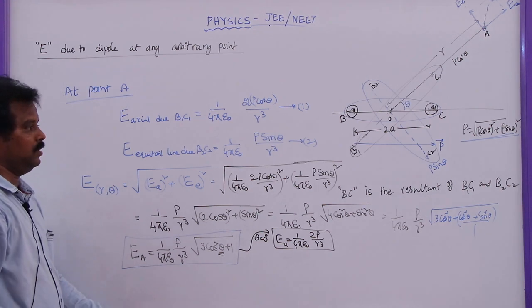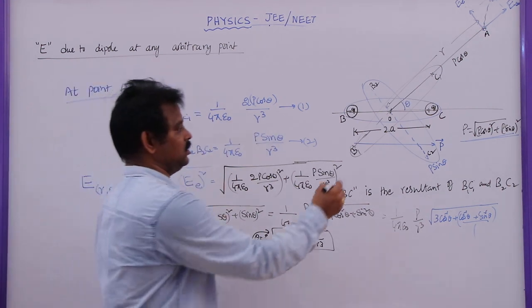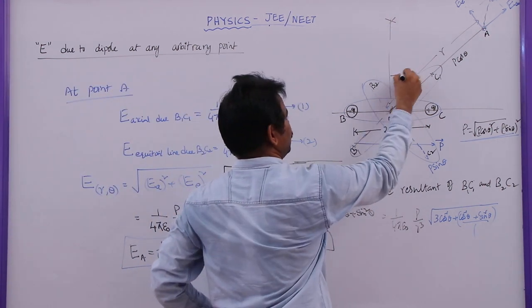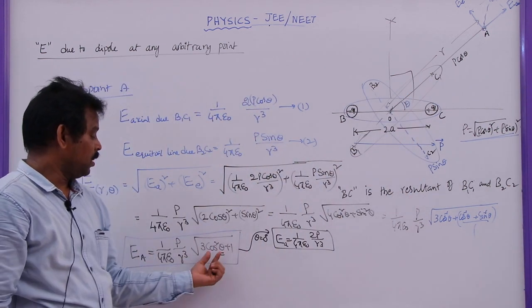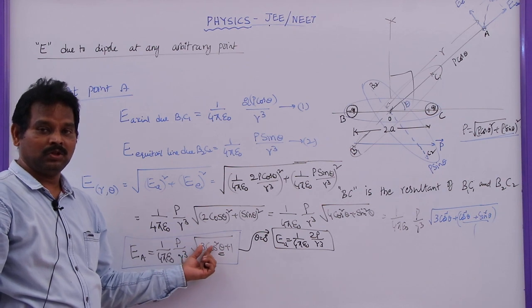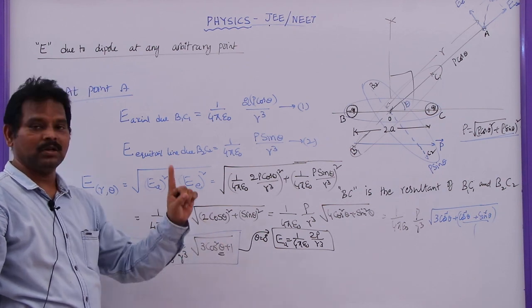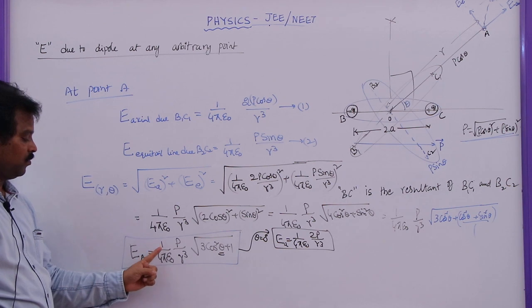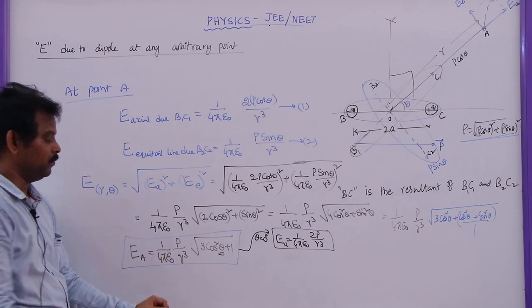This is our resultant axial line. Similarly, if you take theta 90, let us say this angle is 90 somewhere here, then cos 90 is 0, 0 square is 0, 0 into 3 is 0, and 0 plus 1 is 1. So root 1 is also 1. So our equation will become 1 by 4 pi epsilon naught p by r cube into 1.